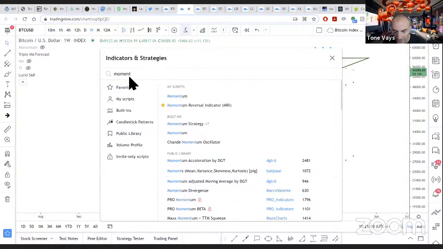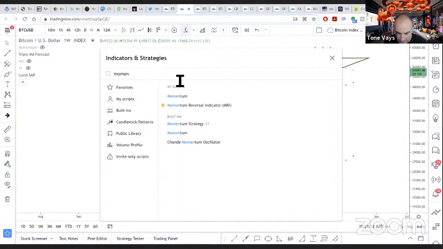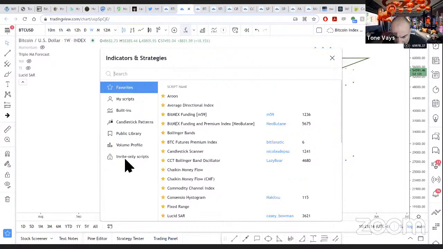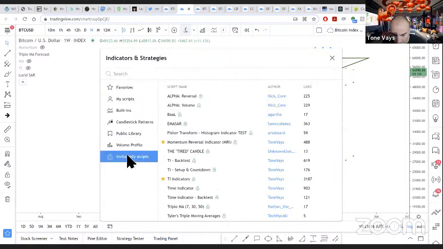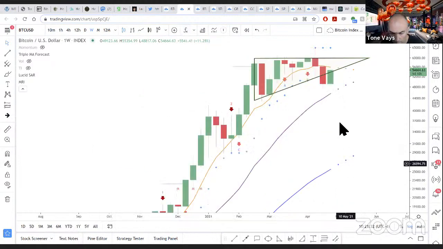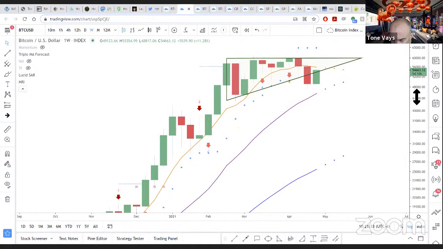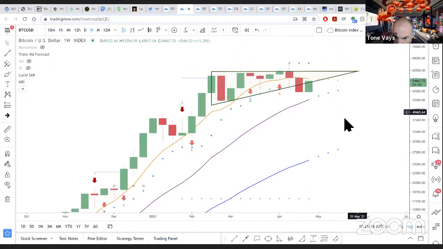The only way it will work is if you actually click on invite only scripts and then click on it from your invite only scripts. Even if you have access to it, you can't access it from general search. That's a TradingView stupidity, not mine. But that's where you need to enter it. So there you go. That solves that problem.